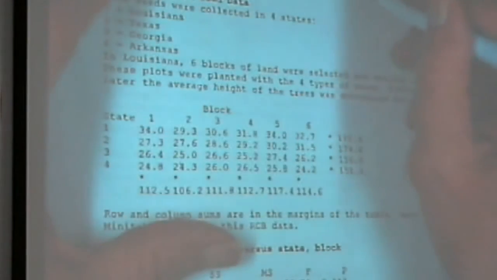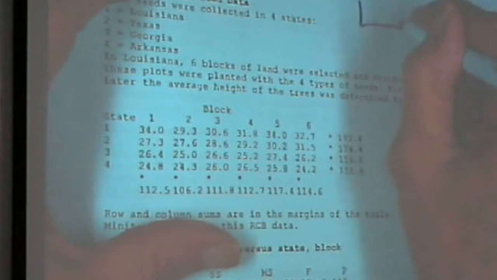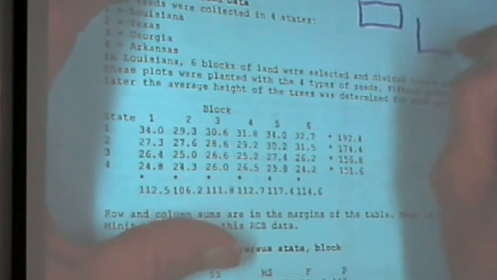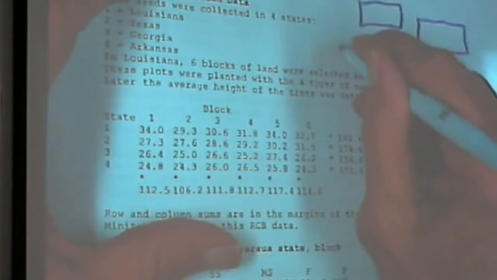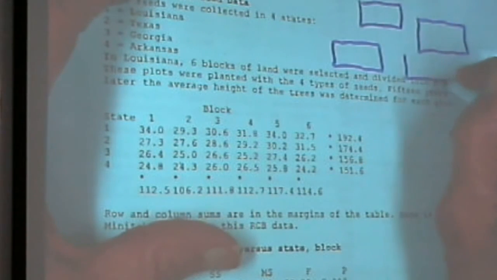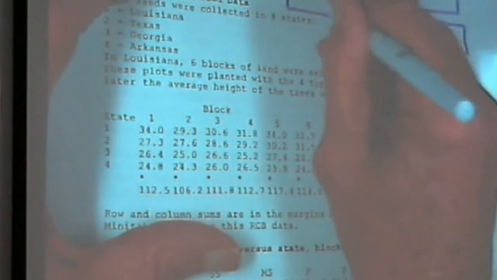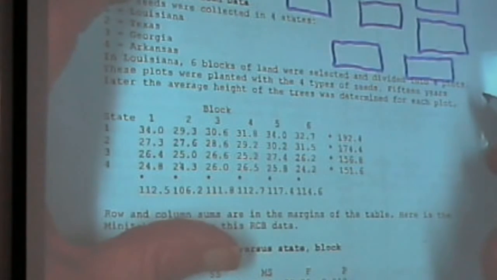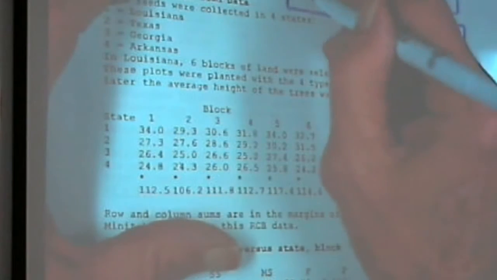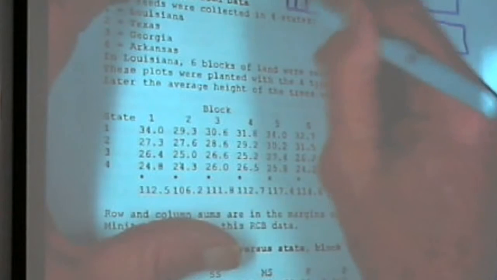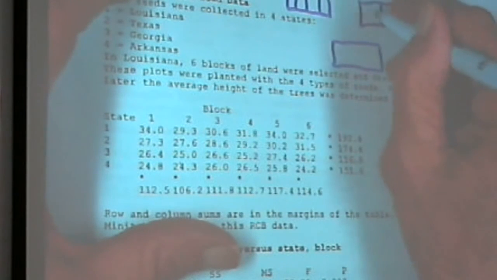So we're in Louisiana. In some fashion, we have 6 blocks of land, each divided up into 4 parts in some way.